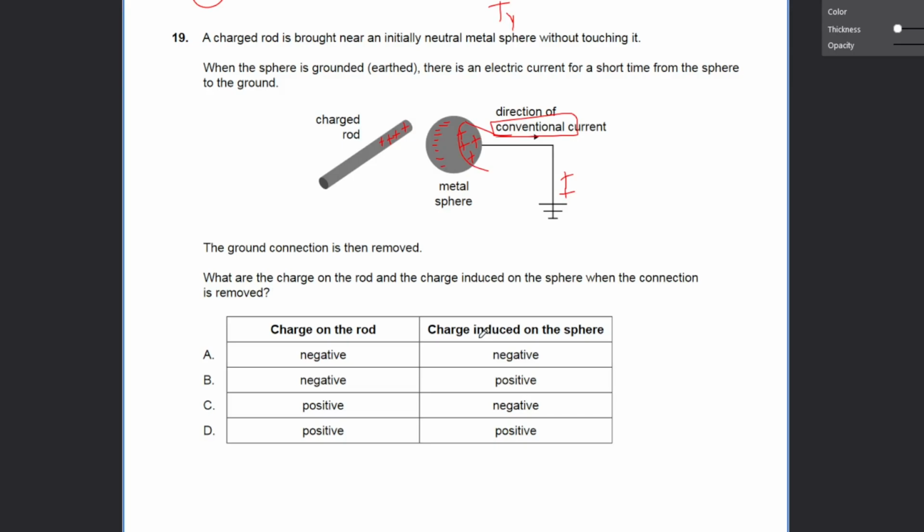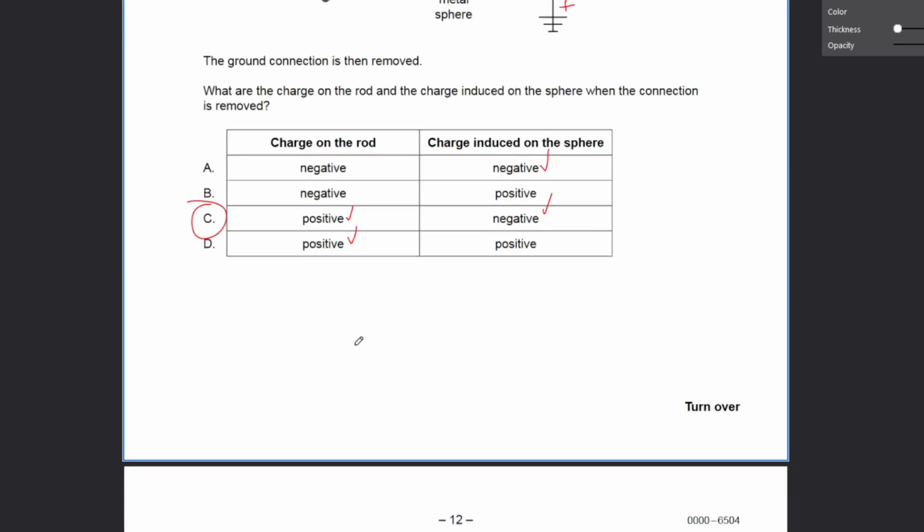So that is what is induced on the sphere. So it's either A or C. Then the charge on the rod is just going to stay the same. It's going to be that positive charge. So C or D, making the answer C. C is the correct answer.